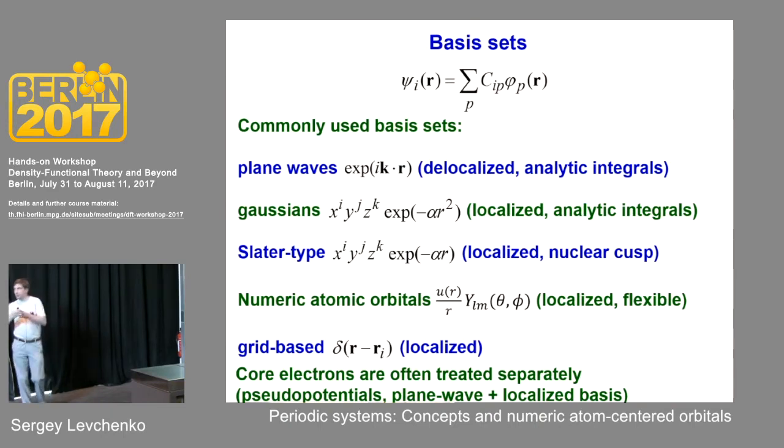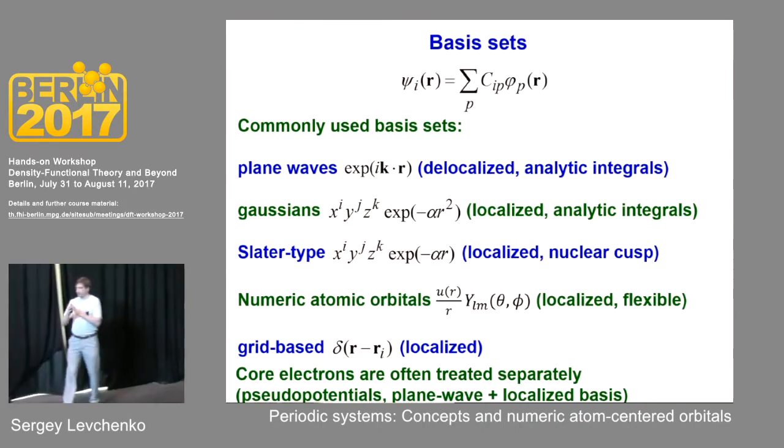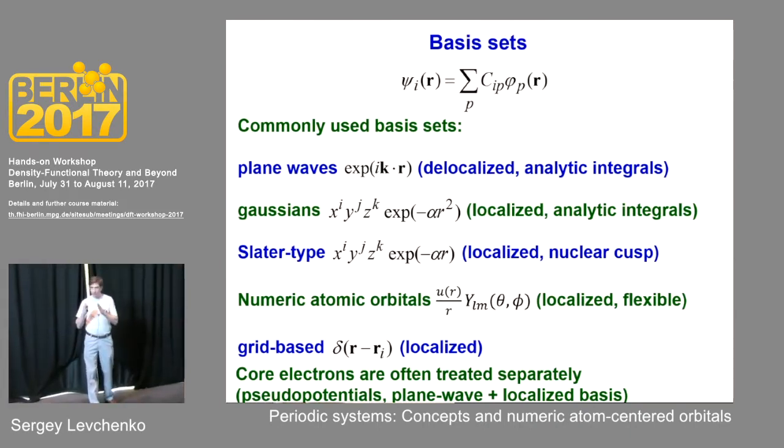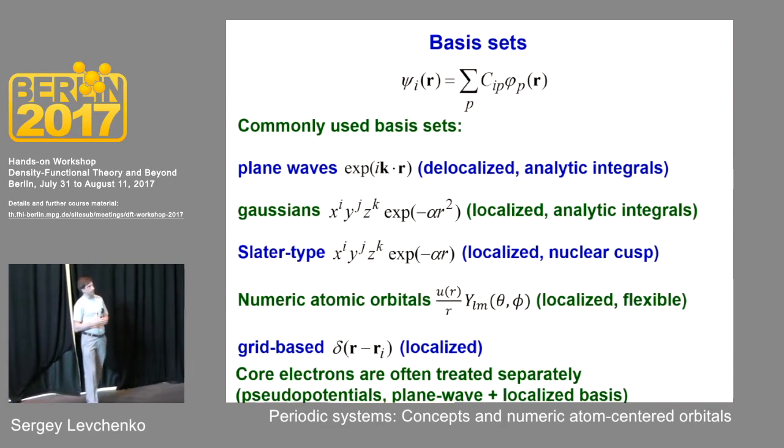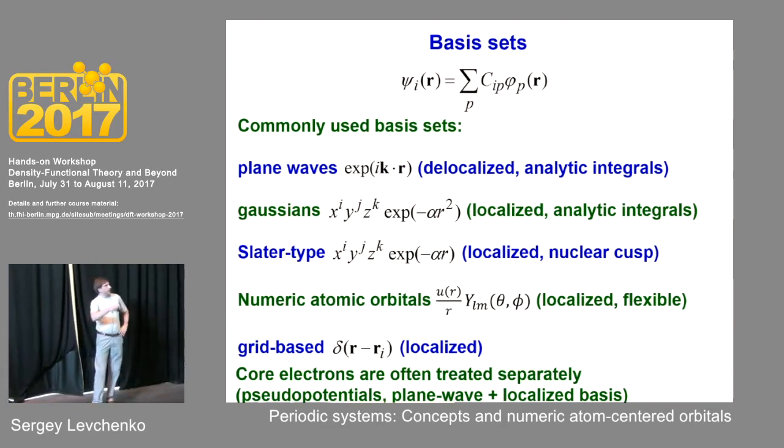Finally, as we use in FHI-aims, we use the numeric atomic orbitals, which are localized, and their advantage is that they are very flexible. So there is a hope that we can find such a compact basis set, which is still very accurate. And there are other approaches, as was mentioned before, like wavelets or grid-based codes.